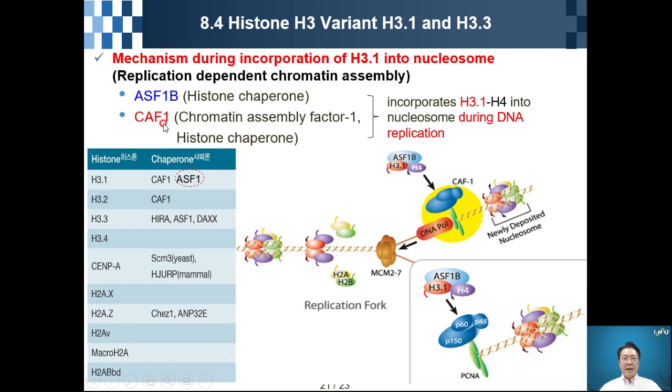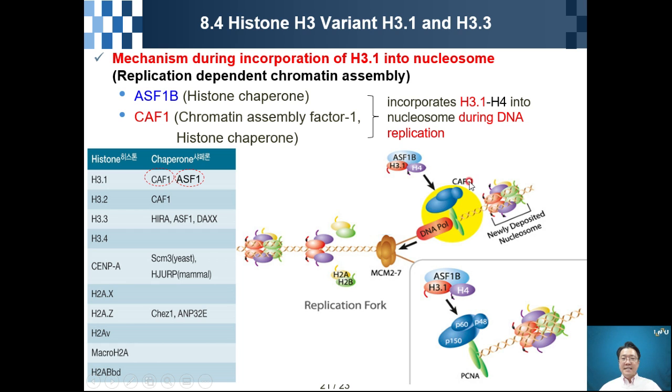The first one is ASF1 or ASF1B, and the other chaperone is CAF1. The full name of CAF1 is chromatin assembly factor 1. This one is also a histone chaperone. First of all, ASF1B binds to the H3.1 and H4 dimer.